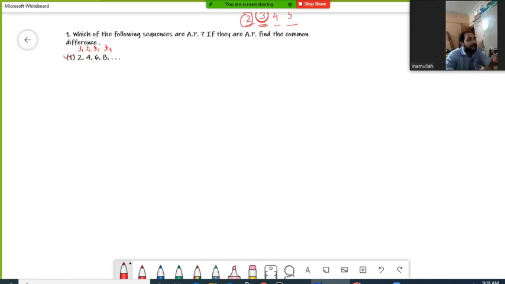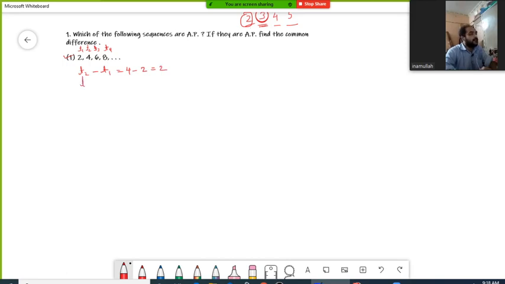Now the difference is what? The difference can be taken between any two consecutive terms. So here T2 minus T1, that is second term minus first term. My second term is 4 and my first term is 2. So on subtracting the first term from the second term, I'll get 2.